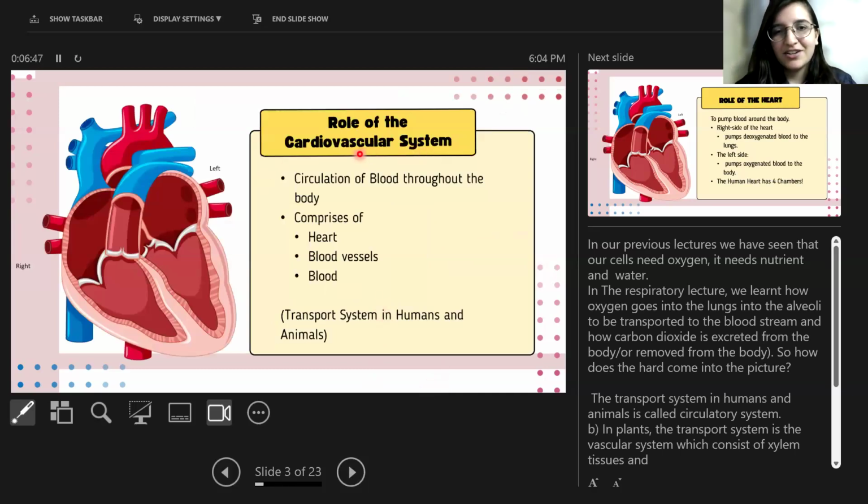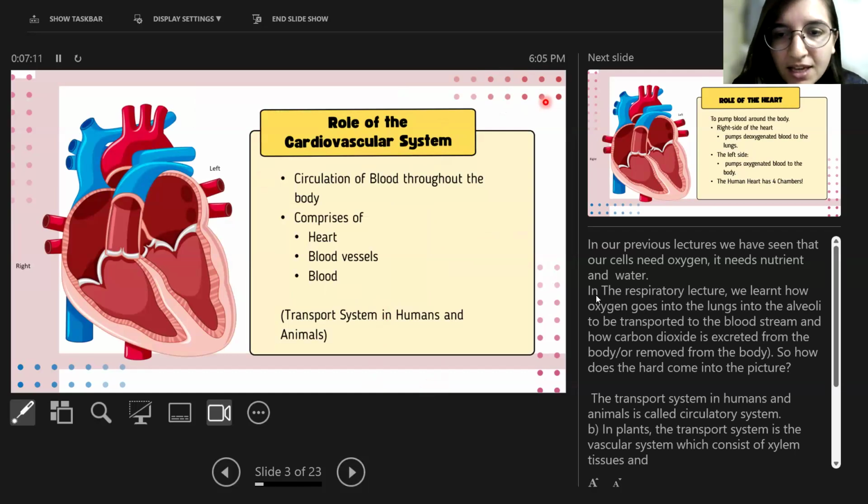What is the cardiovascular system, and what is its role? So in our previous lecture, we have seen that our cells need oxygen, right? We need oxygen to survive. And our cells also need nutrients and water, not just us. Animal cells also need it, plant cells also need it. So every living creature needs all these things.